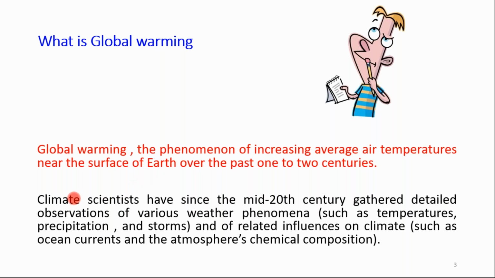Climate scientists have, since the mid-20th century, gathered detailed observations about this phenomenon, that is temperature, precipitation, storms, etc., and their related influences, that is, effects on the climate. So what exactly is the effect of this temperature change on animals, on trees, on human beings, on structures, etc., and also on the ocean currents?